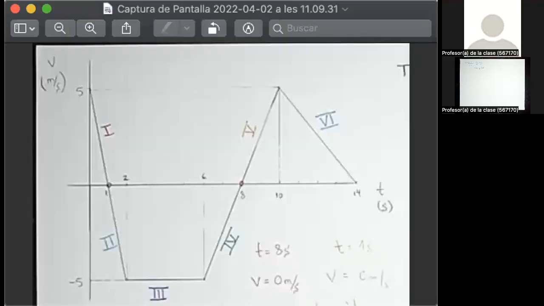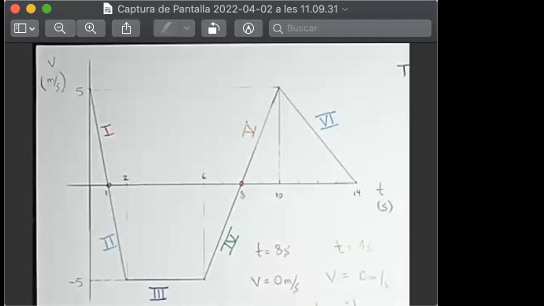On this graph, the first interval, the fifth interval, and the sixth interval are above the x-axis, and the second, third, and fourth intervals are under the x-axis. That is very important.